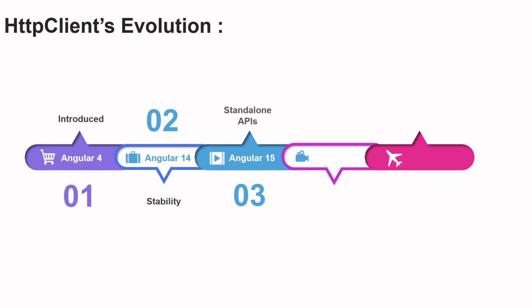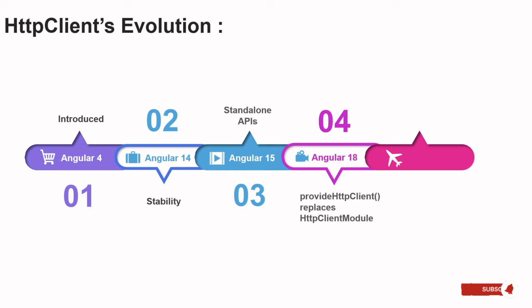Next, Angular 15 brought standalone APIs, allowing HTTP client to be used without importing HTTP client module. Then in Angular 18, HTTP client module was deprecated in favor of provideHttpClient and provideHttpClientTesting functions. And now in Angular 21, HTTP client is said to be provided in a root injector by default, eliminating the need for manual configuration with provideHttpClient.